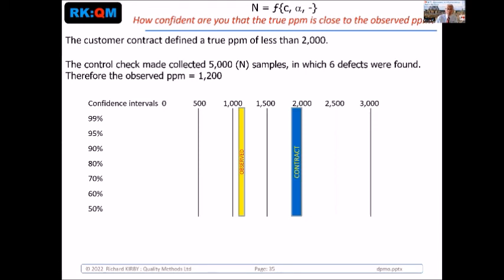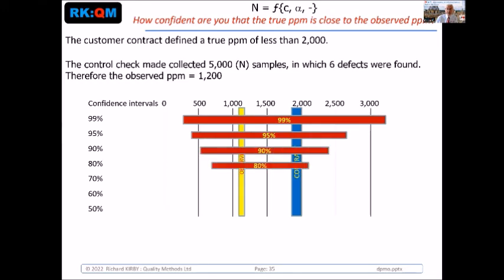Looks like we're all well within the contract, but at 99% confidence, the true ppm lies somewhere between 300 and 3,200. It's not good enough. We may be delivering outside specification.